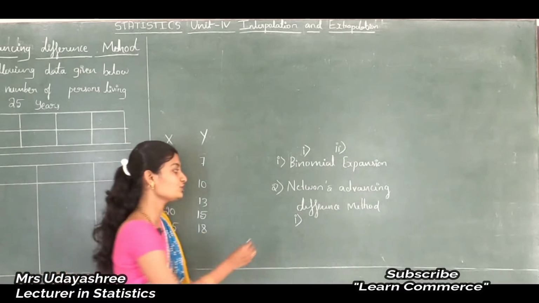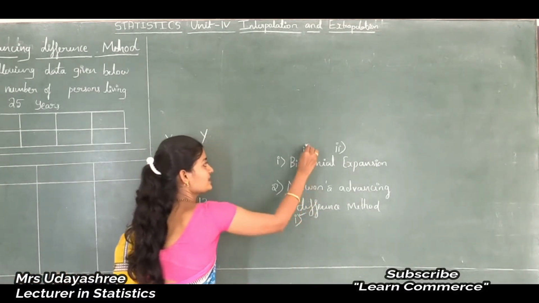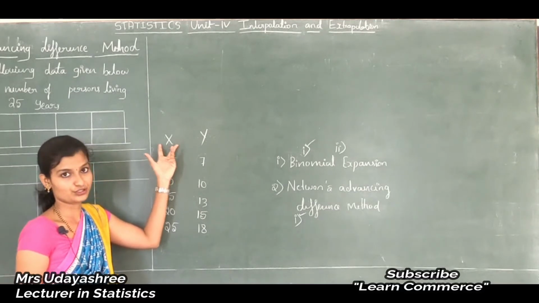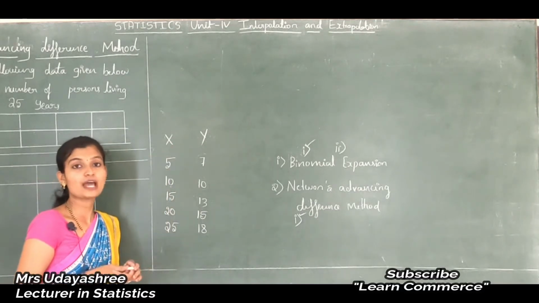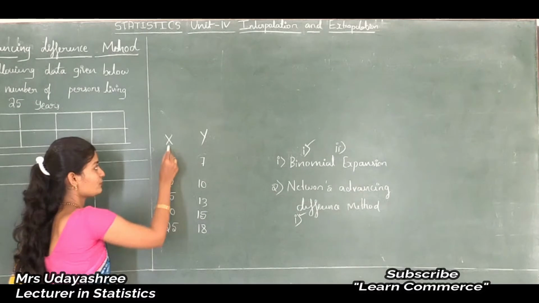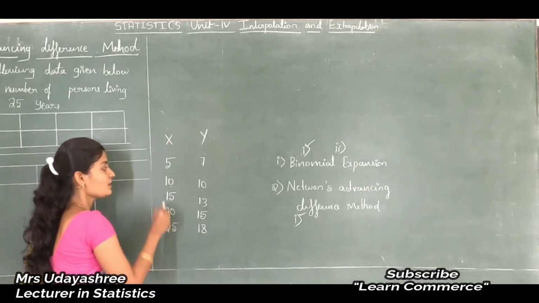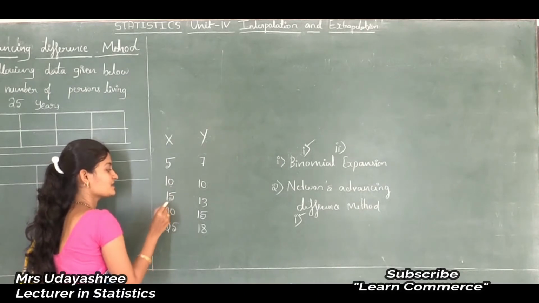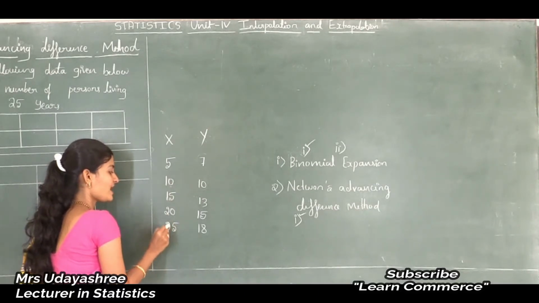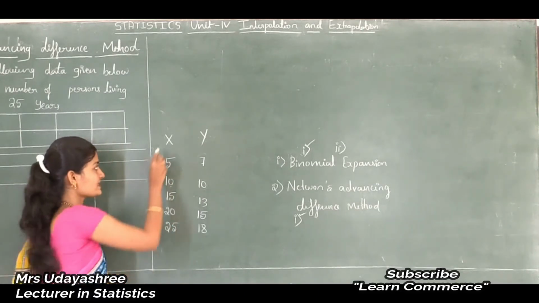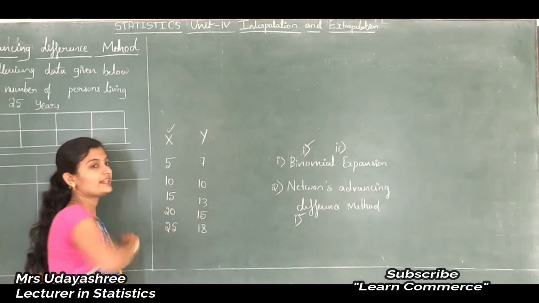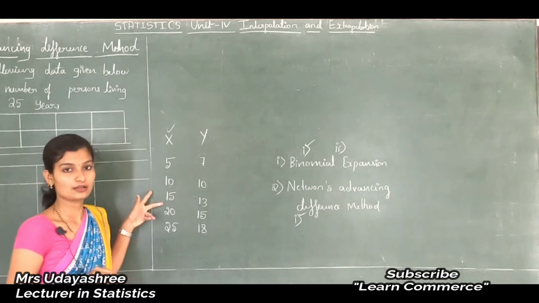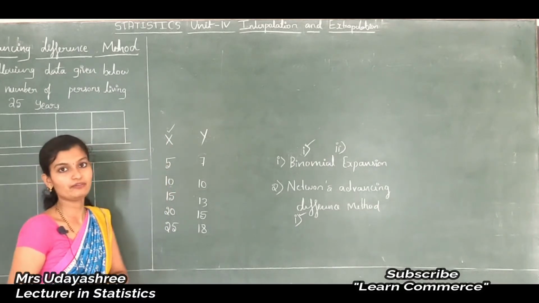Here the difference is 5, and again 5, and 5, and 5. So 5 is the common difference of the independent variable.